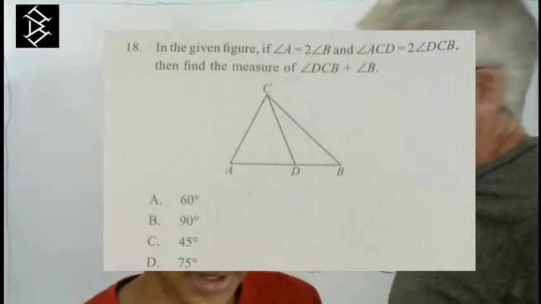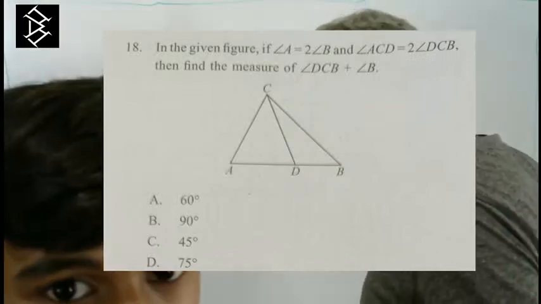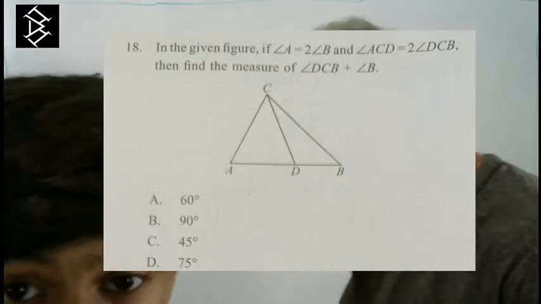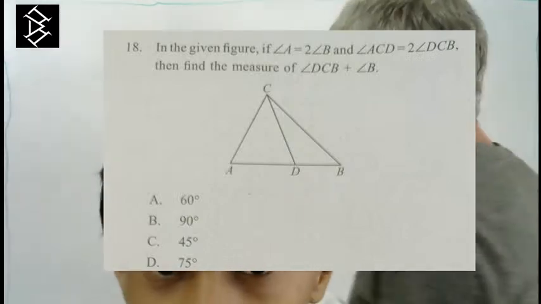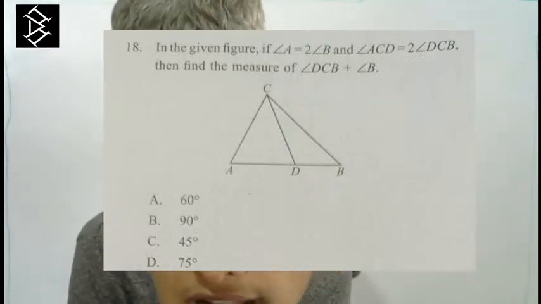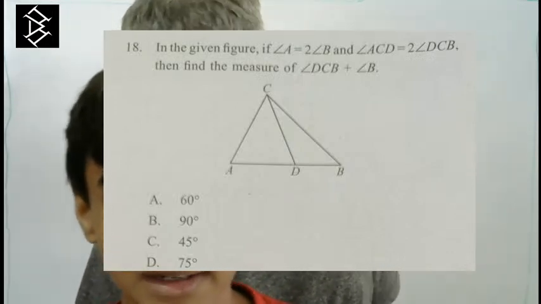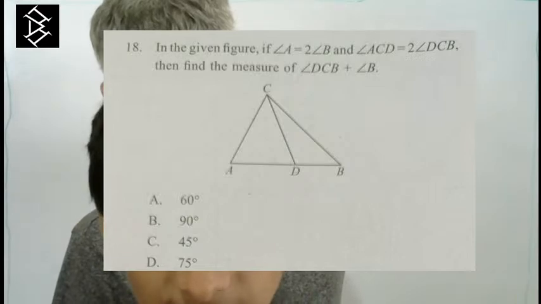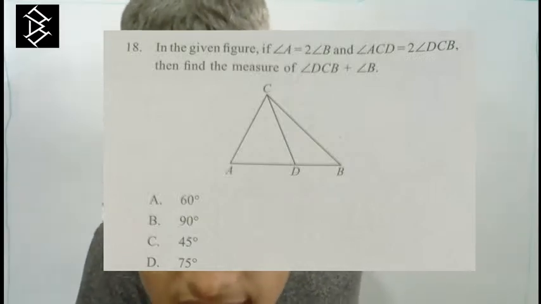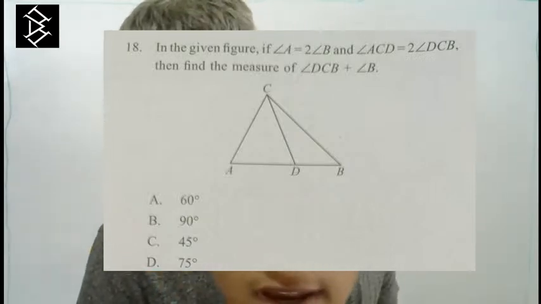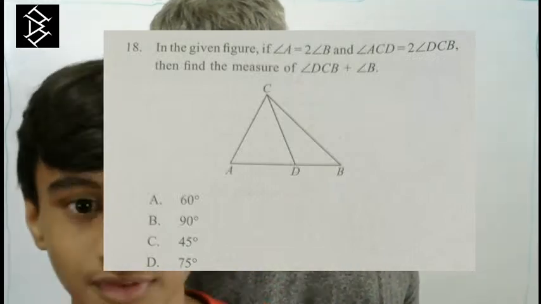So, question number 18. In the given figure, if angle A equals 2 times angle B, and angle ACD equals 2 times angle DCB, then find the measure of angle DCB plus the angle B. So, it is very simple. You can try it for yourself, and we are also going to do it on the whiteboard. Then we'll show you the answer.